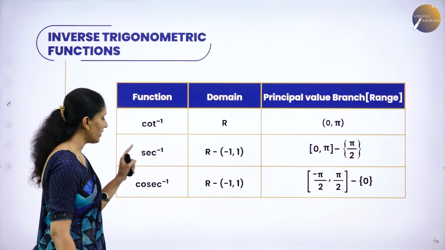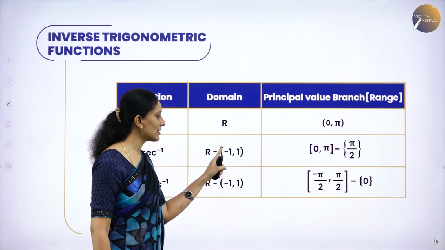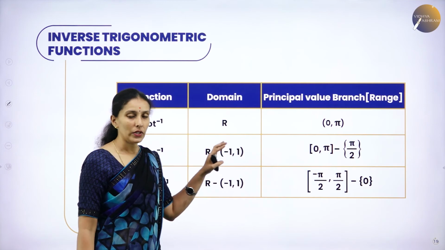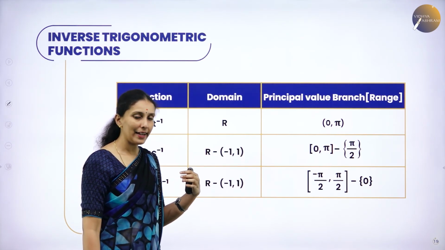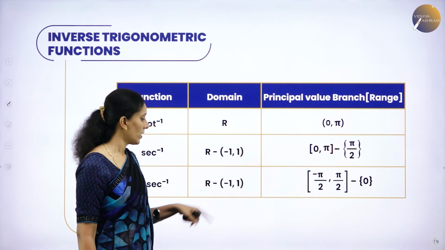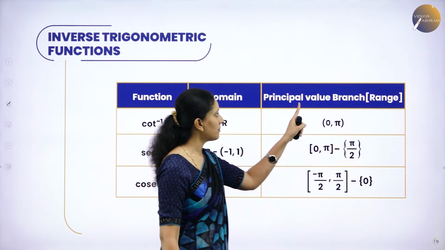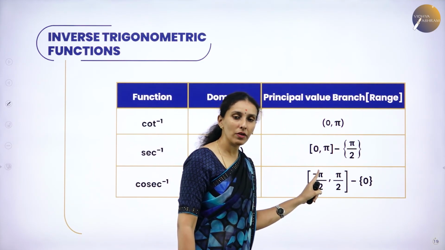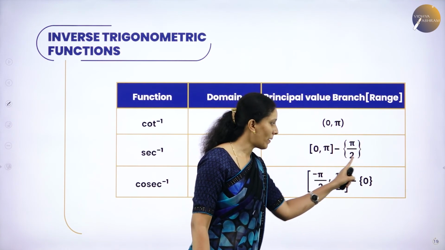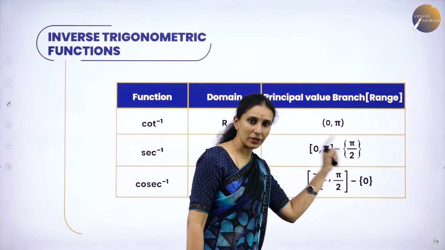Secant inverse and cosecant inverse have the same domain, that is R minus (-1, 1). That is, x can take values less than -1 or values greater than 1. The domain of secant and cosecant is the same, but the principal value branch for secant is all the values from [0, pi] except pi by 2. That is why we have taken [0, pi] minus {pi by 2}.